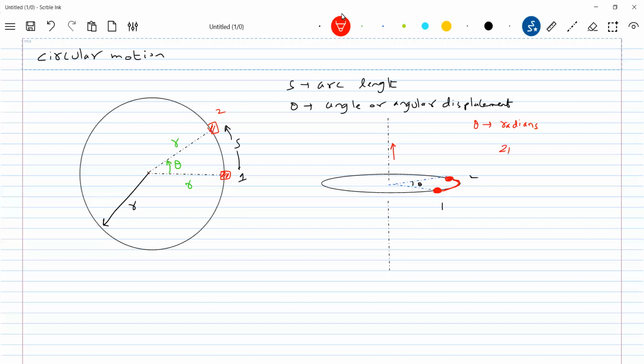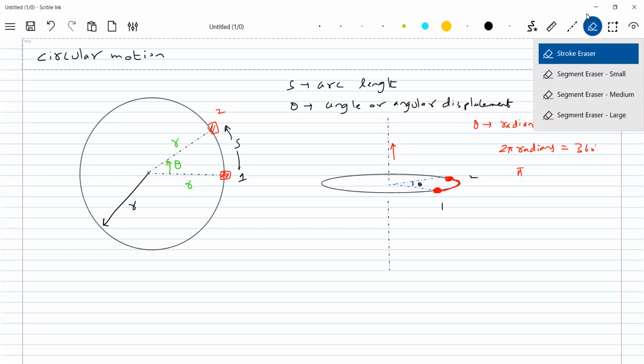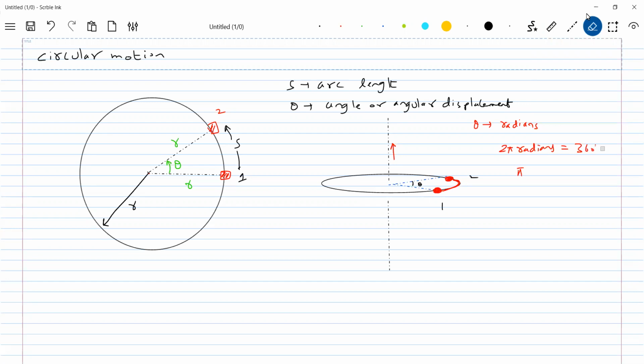So 2 pi radians is equal to 360 degrees, or the simplest thing, pi radians is equal to 180 degrees.